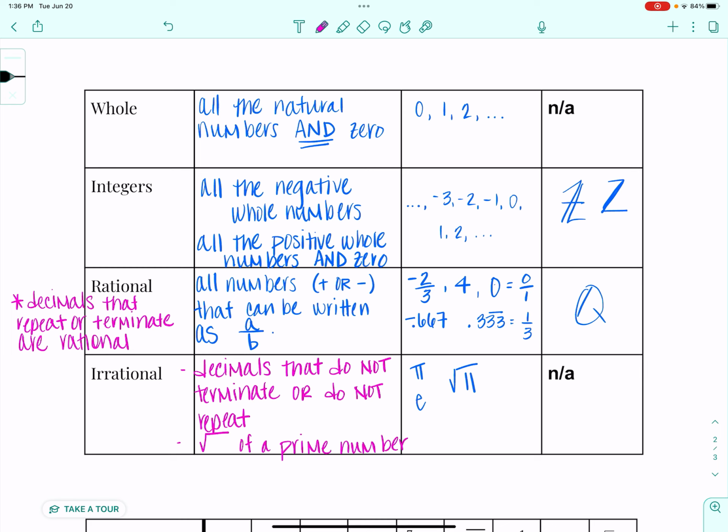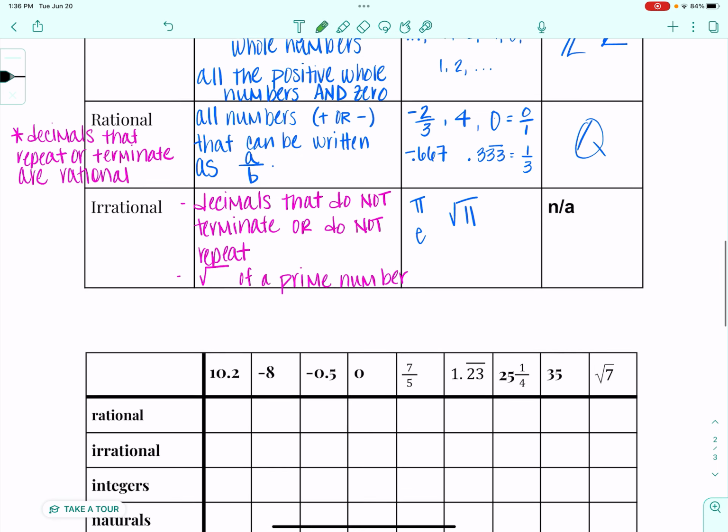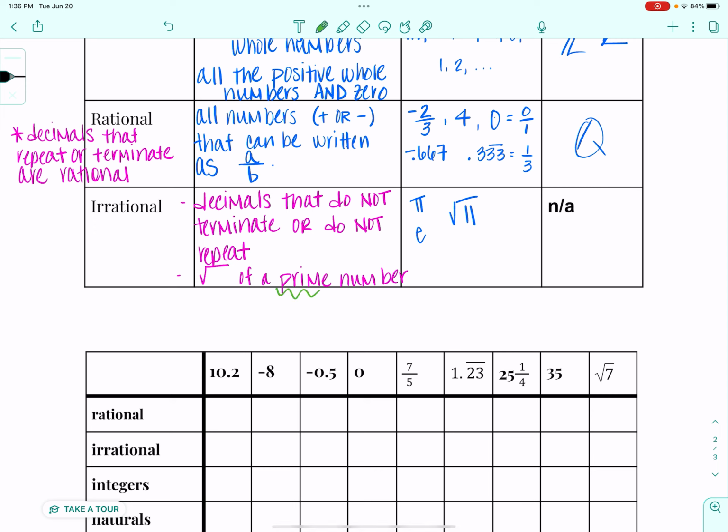Now, if it's been a hot minute since you talked about prime numbers, we'll slide this down in here. A prime number is a number whose only factors are 1 and itself.